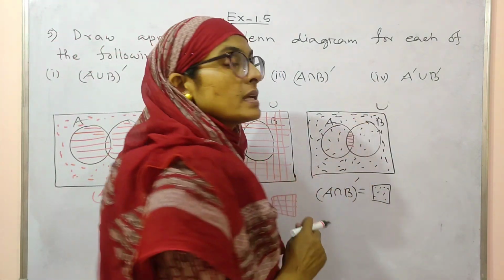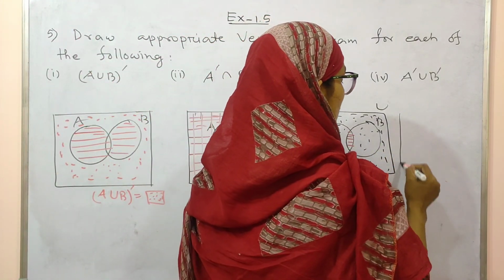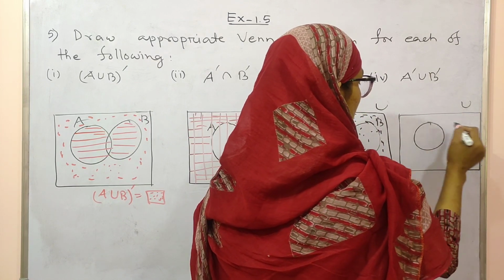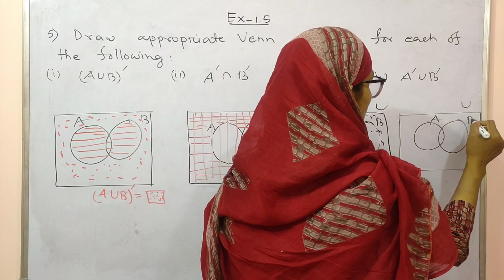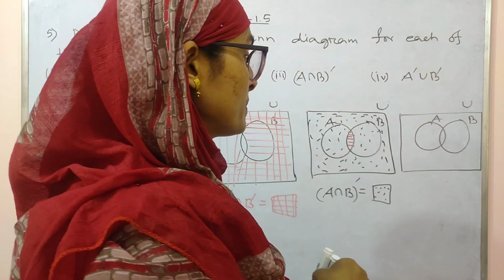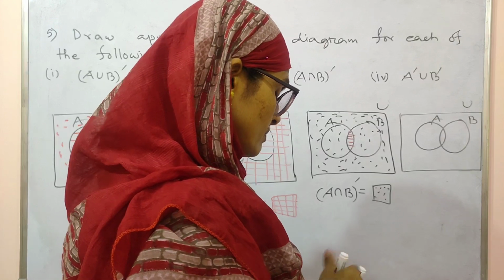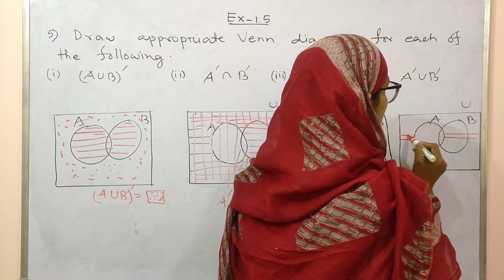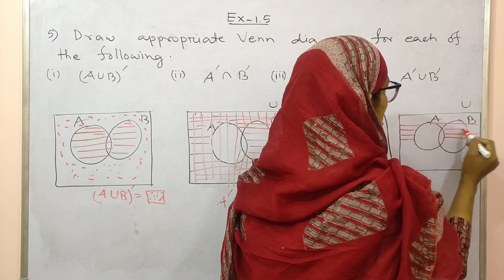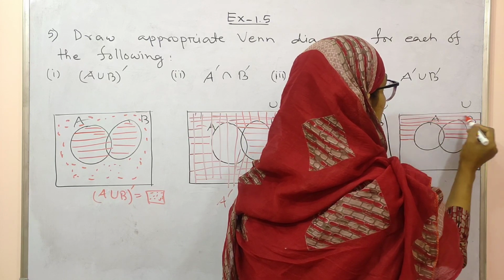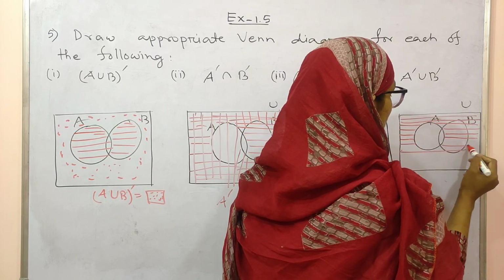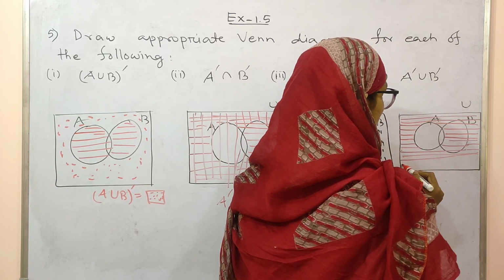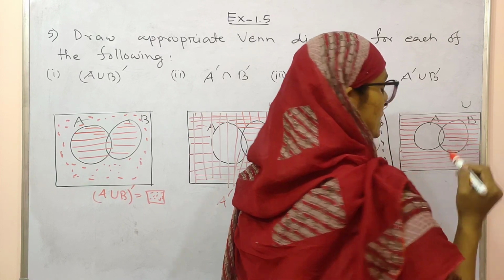Next, A complement union B complement. So this is the Venn diagram for the universal set. This one U, this one A, this one B. A complement is this part, except A, all elements belong to A complement.